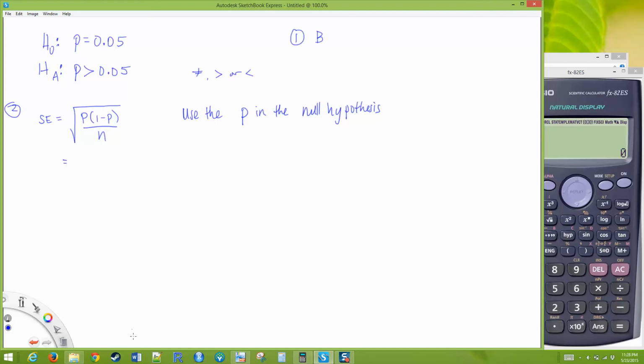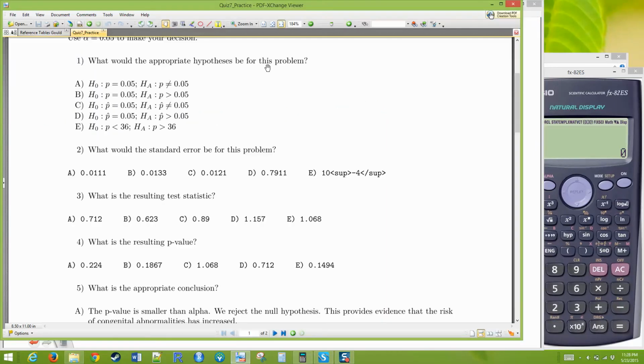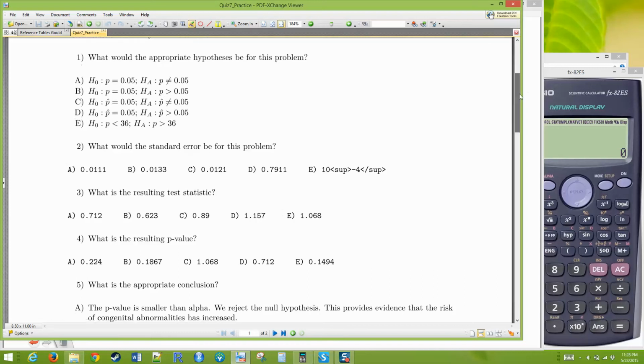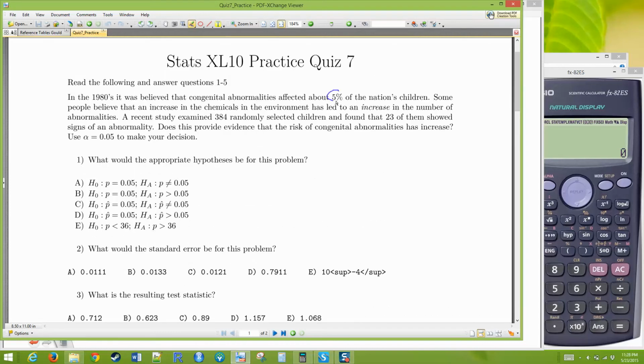Looking at our problem, it's always good to label the information that we know. We have 5% here. This is going to be our p, or our p0 in our null hypothesis. We have this number 384.